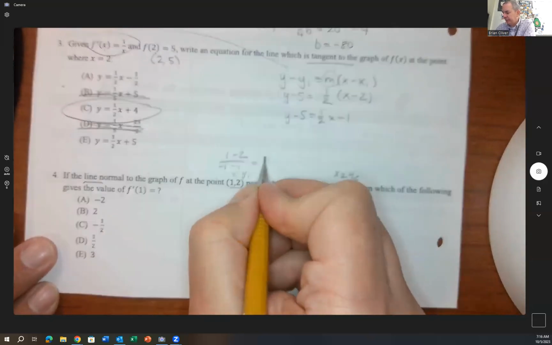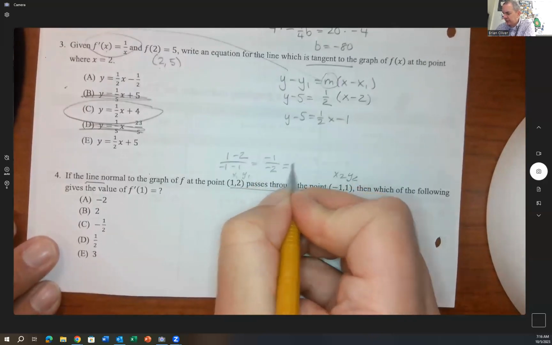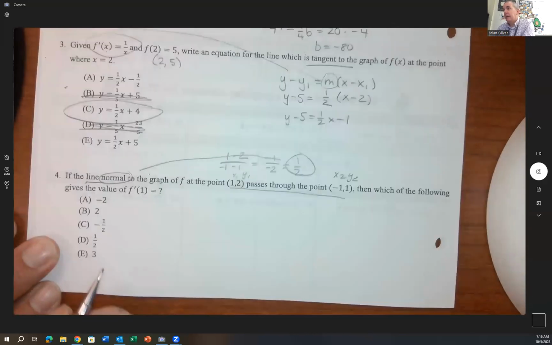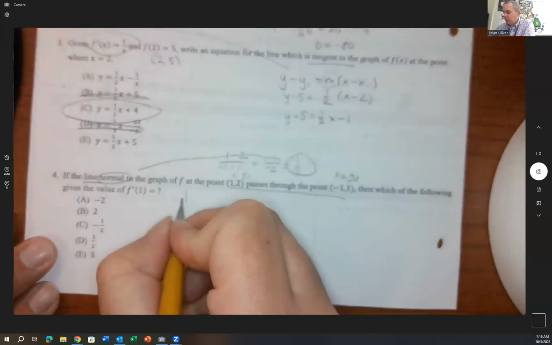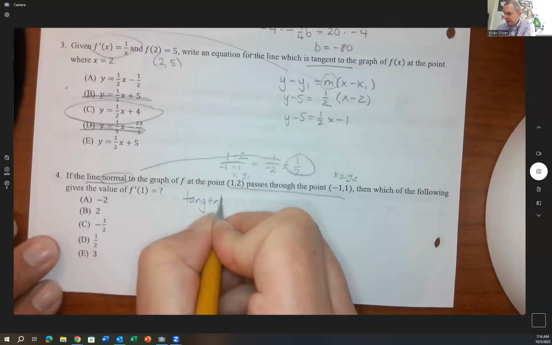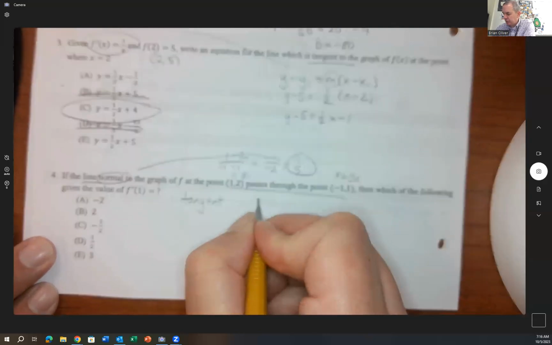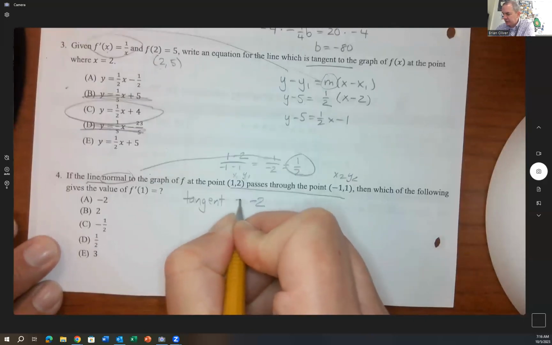That's going to give me -1 over -2, which is 1/2. So the slope of the normal line is 1/2. If the slope of the normal line is 1/2, the tangent is the opposite reciprocal. So I flip 1 over 2 to become 2, and I switch the sign to negative 2.